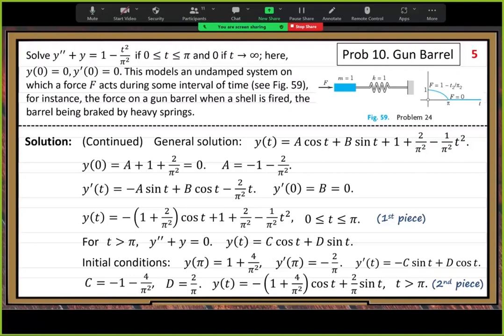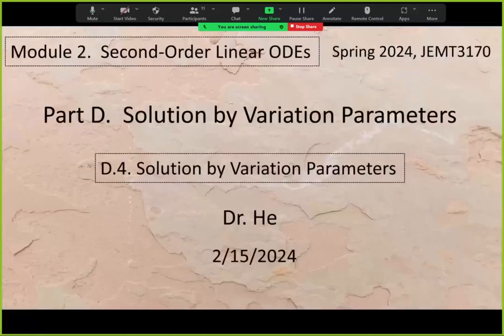Later, when you see a situation like this with several pieces, you need to solve piece by piece. All right, so we finish that one.